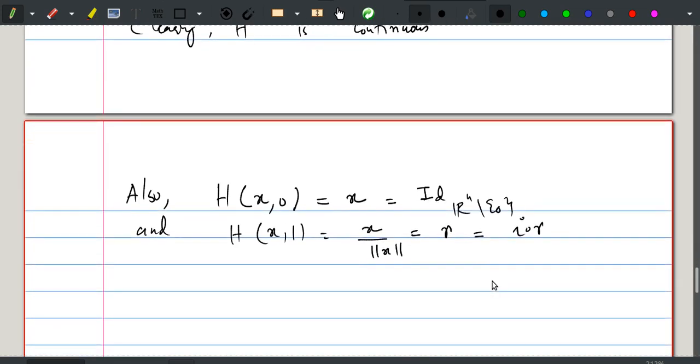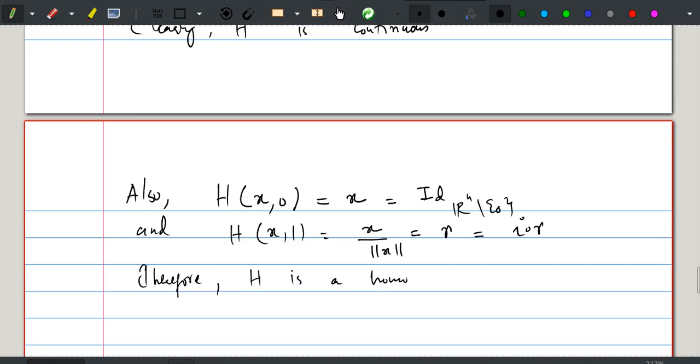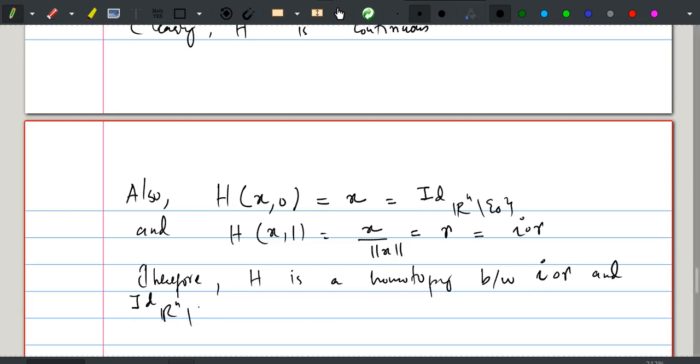So this means that H is a homotopy between I of R and the identity map on Rn set minus 0.